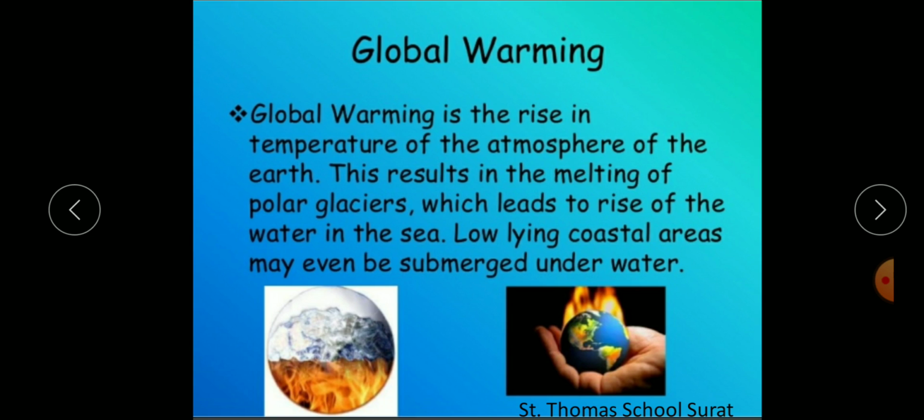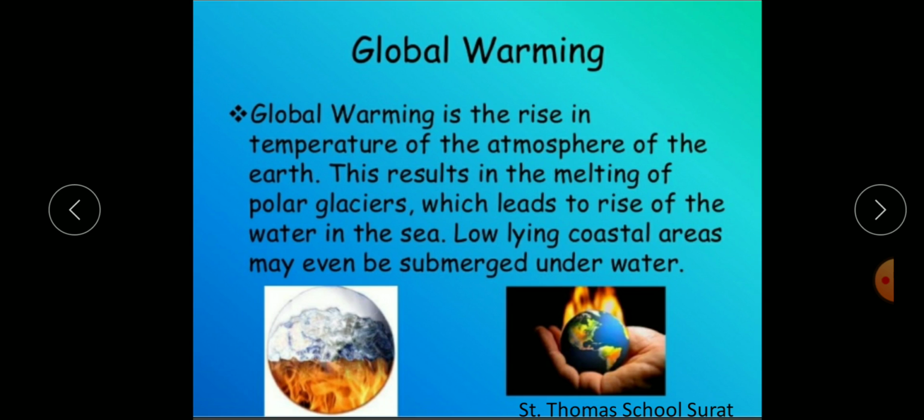Then unburned carbon particles in air are very dangerous pollutants causing respiratory problems, such as asthma. Then incomplete combustion of fuel gives poisonous carbon monoxide gas. When you inhale that gas, it will kill you, right?